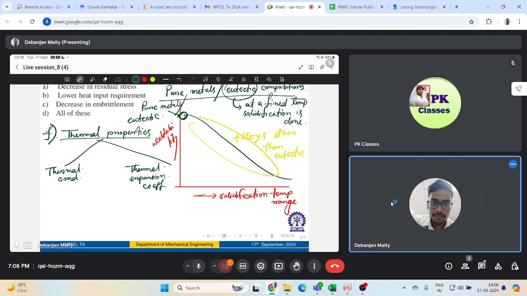Right? So my thermal conductivity will also affect the net heat input requirement for the fusion welding. That will affect my melt pool size, and that will affect my melt pool shape also. In general, the metals which are highly conductive in nature, will that require more heat input or less heat input?